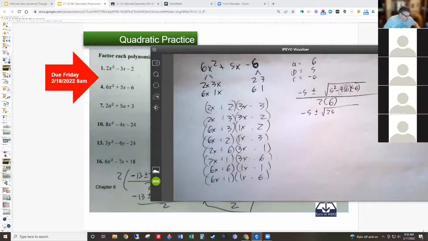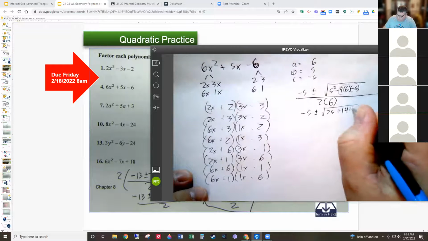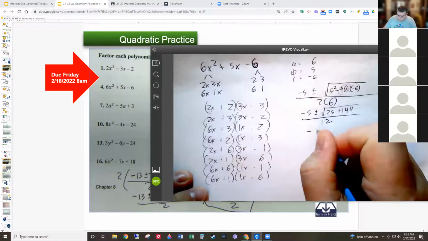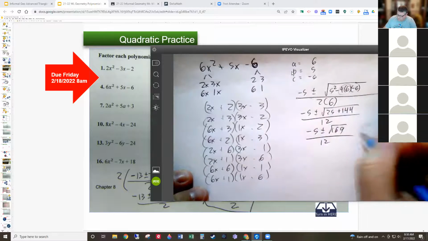I don't know, 24 times 6. I can figure it out. And here we go. 24 times 6. Answer is 144. So I get plus 144 over 12. As long as I have a calculator, it's not too bad. Plus or minus 169 all over 12.